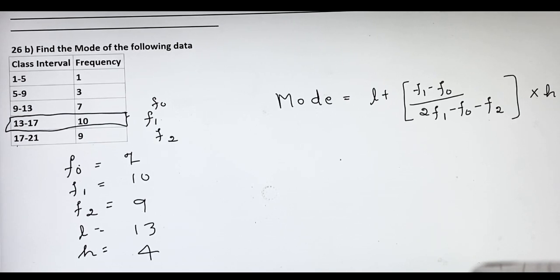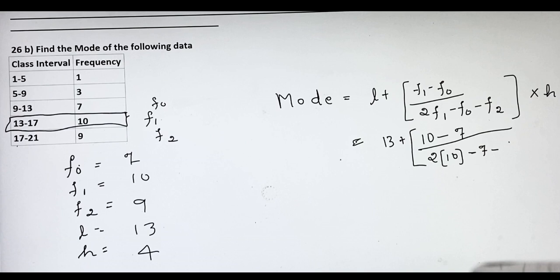Now we have all the data. We need to substitute these values in the given equation. So mode is equal to the L value, 13, plus F1 value 10 minus F0 which is 7, divided by 2 times F1 value 10 minus F0 value 7 minus F2 value 9, bracket close, times H which is 4.